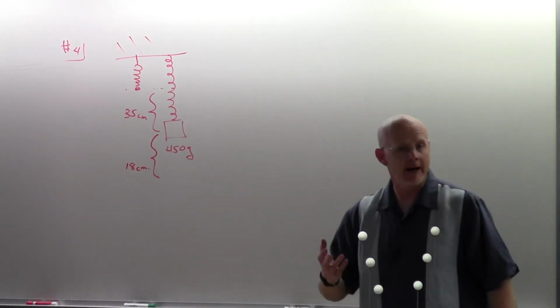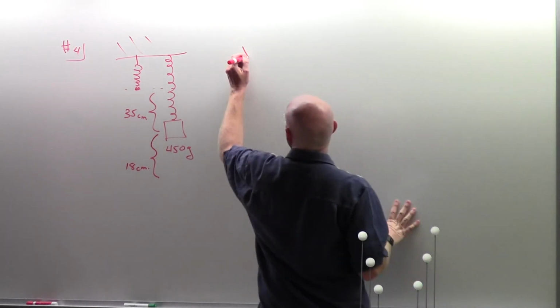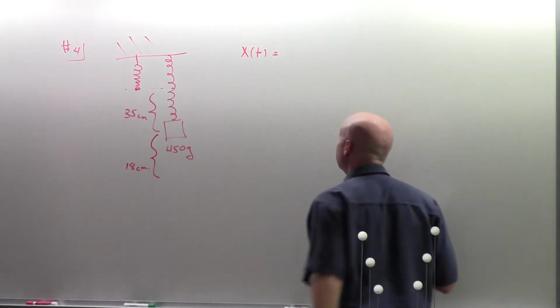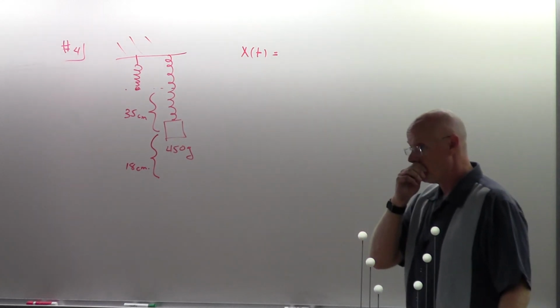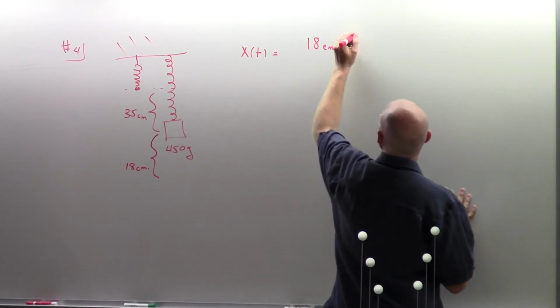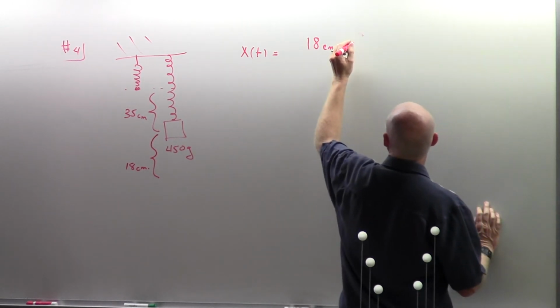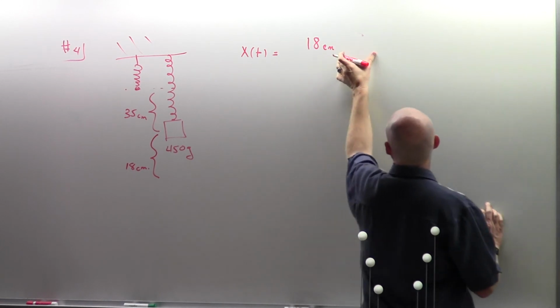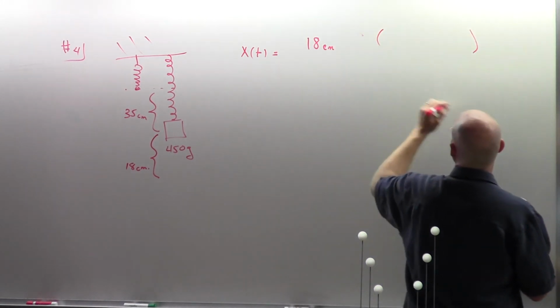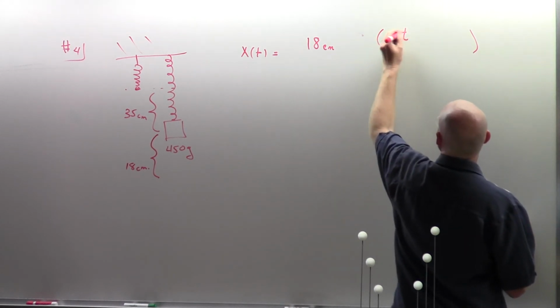Well, it's a vertical spring, right? Do we know the equation of motion of a vertical spring? We do, don't we? X as a function of time equals what? Okay, it's the amplitude, 18 centimeters. Maybe I'll decide whether cosine or sine here for just a moment. I definitely know there's an omega t.